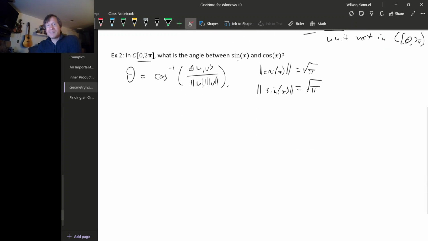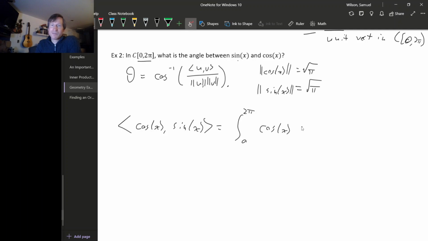So all we need to work out now is the inner product. Let's calculate the inner product of cosine of x with sine of x in this inner product space. This is the integral from 0 to 2 pi of cosine of x times sine of x dx.